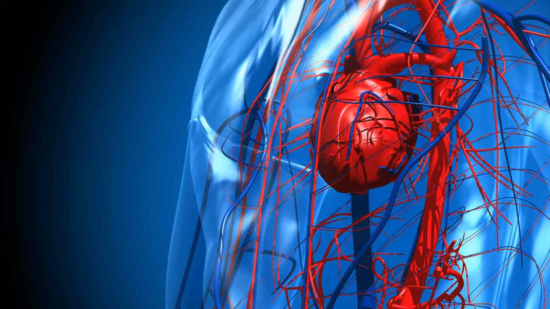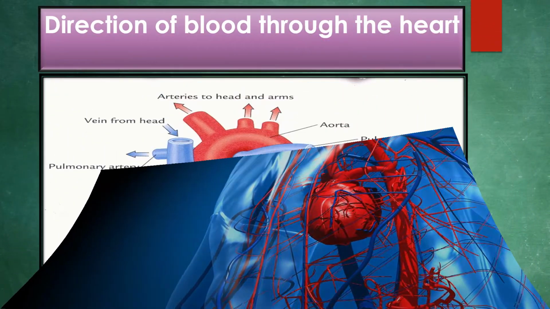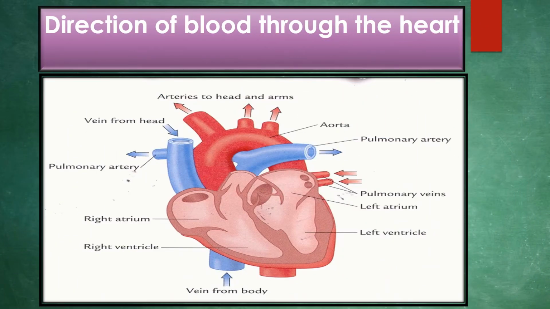Today we are going to discuss the blood flow through the heart. Okay, so let's start. The direction of blood through the heart. As in the previous classes, we already discussed the heart, its anatomical position and location, and the different parts involved in its structure.